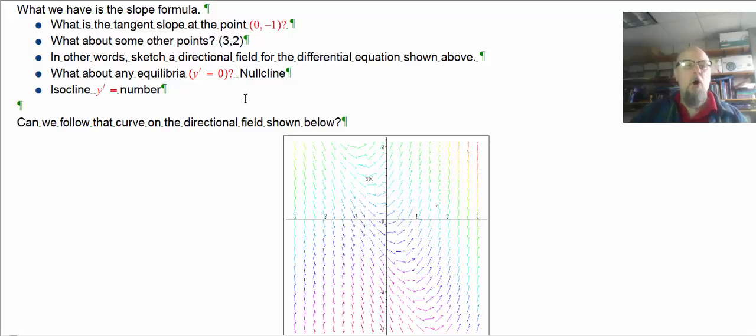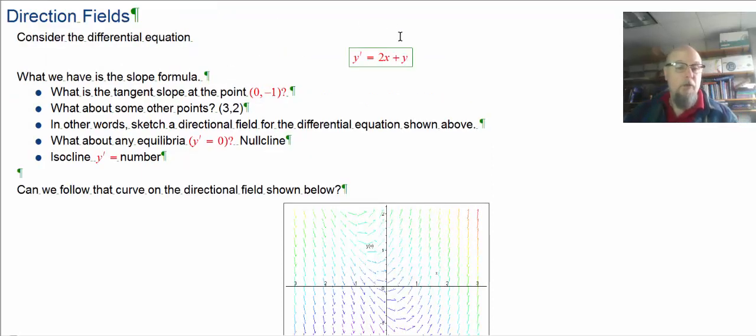If you were going to be asked to draw this, one of the things you could do is find all the places where the slope is equal to 0. Well, we can go back up to our differential equation and just set y prime equal to 0. Then I get 0 equals 2x plus y, or another way of writing that is y is equal to minus 2x.